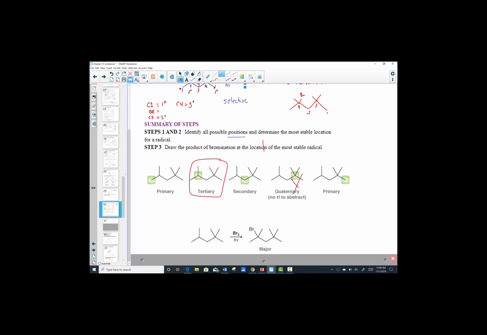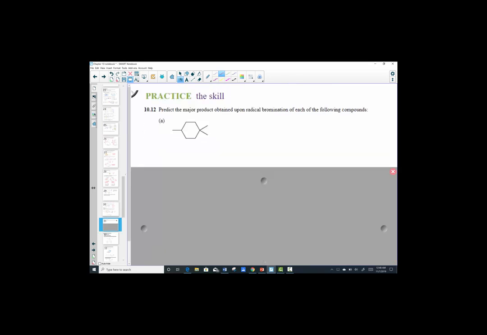Very regioselective for the bromine. And you'll see plenty of these in terms of trying to find the major product upon radical bromination. For bromination, they'll specifically follow the pattern that the most stable radical will be the position where the bromine will add to the carbon.